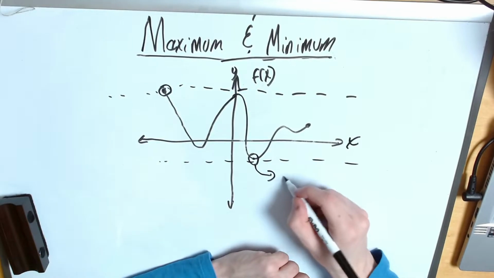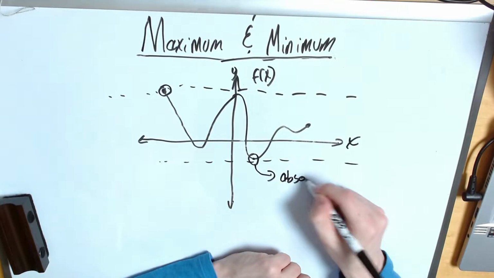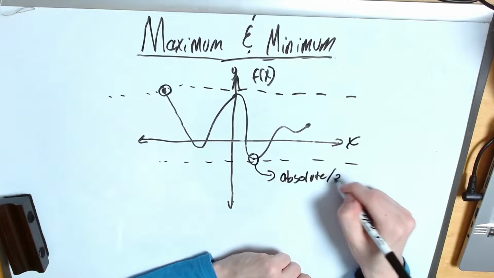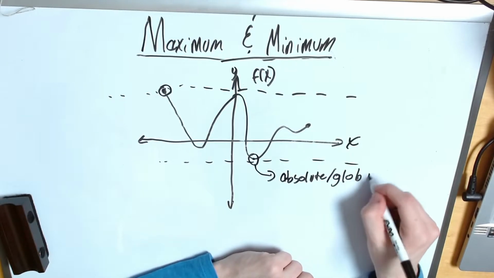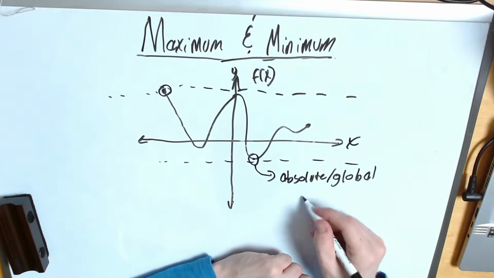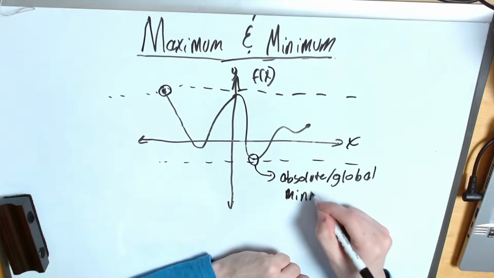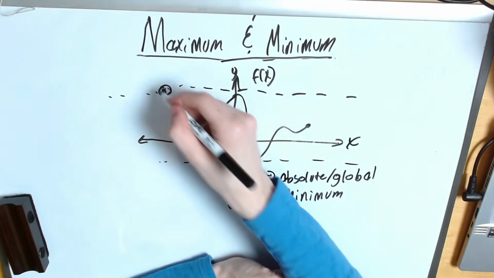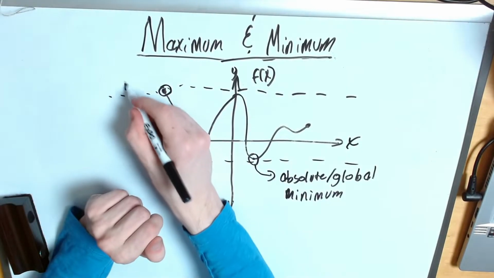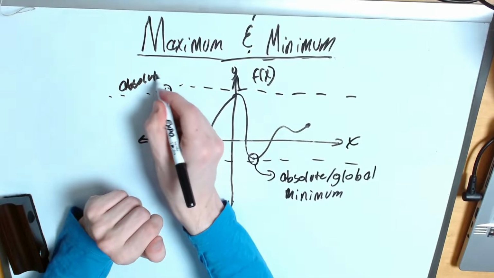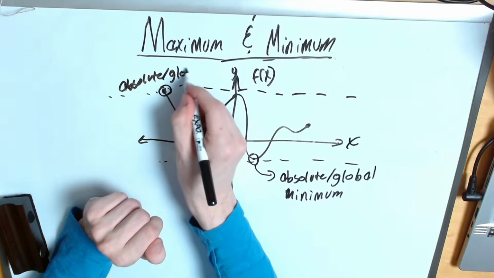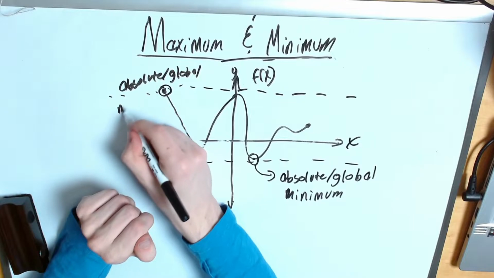So right here we would call this an absolute or global minimum, the terms are interchangeable, depending on the textbook or the teacher. And this right here is an absolute or global maximum.